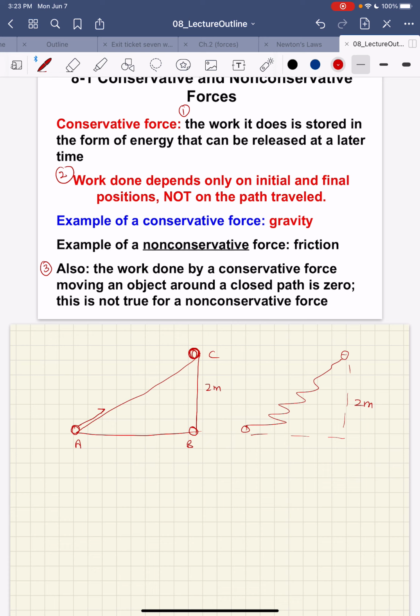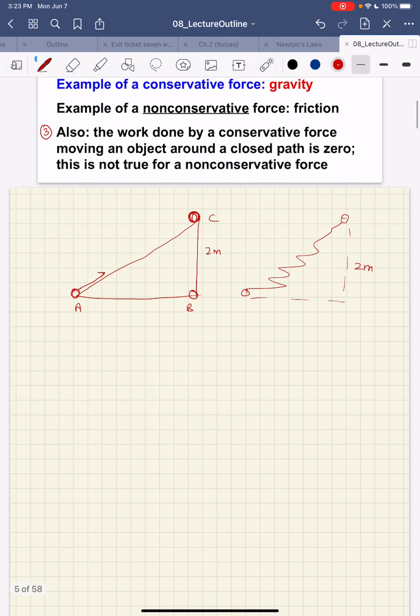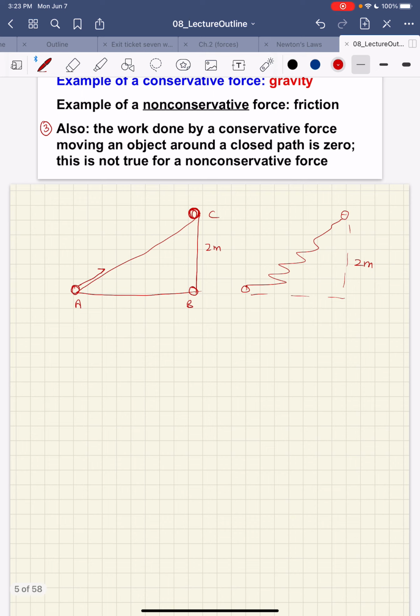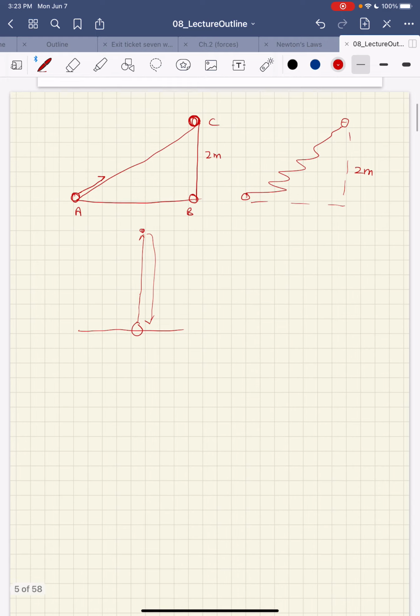Also, one thing that is really important is that the work done by a conservative force moving an object around a closed path is zero, and this is not true for non-conservative forces. Say I have an object that is brought from here to a point here, and then I bring it back. Then the total work done is going to be zero.